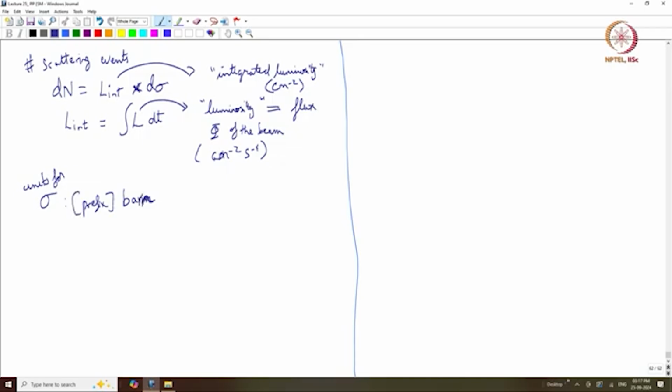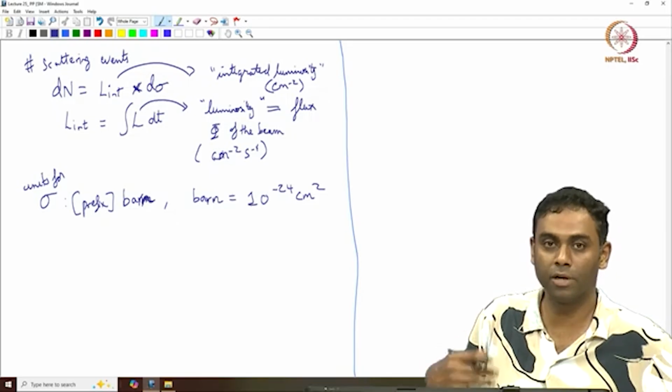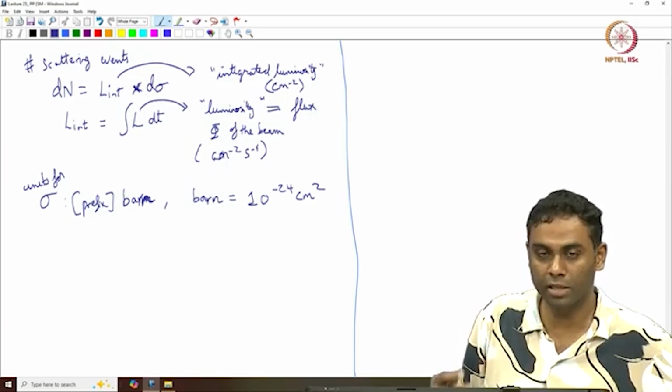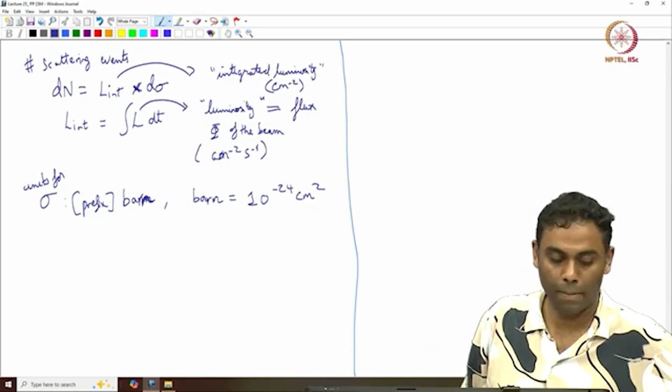Have you heard of this barn unit? What is a barn? It is 10 power minus 24 centimeter squared. Okay, it was introduced in nuclear physics historically, but now everybody uses it. Okay, this is a more convenient unit. Instead of every time saying 10 power minus 32 centimeter square and all that, we can just express in terms of barn and you immediately know what people are talking about.